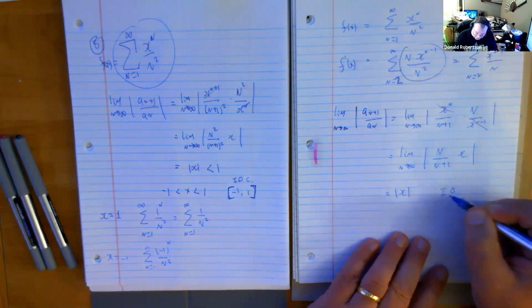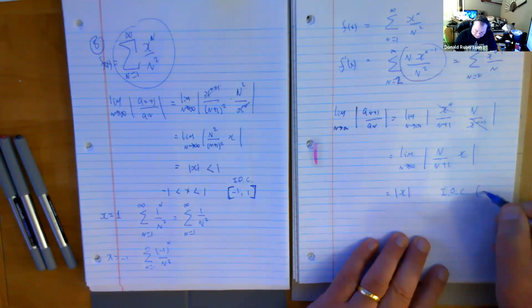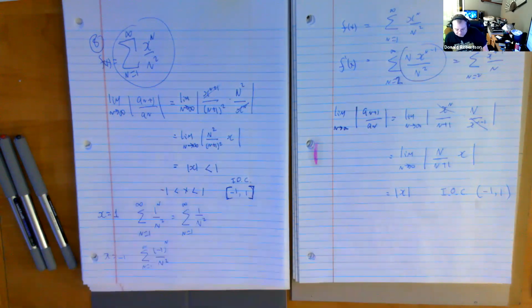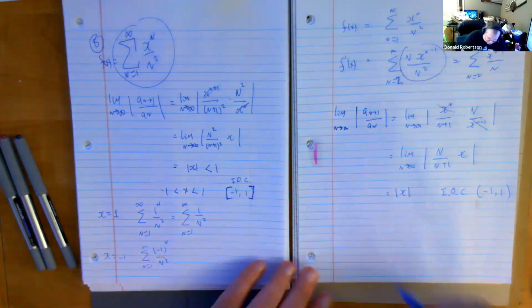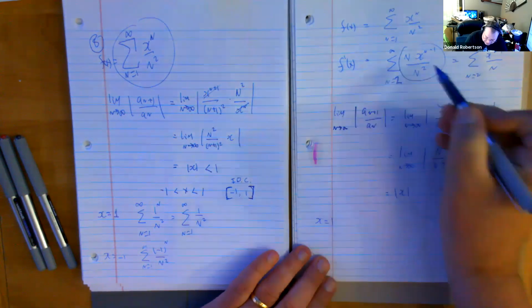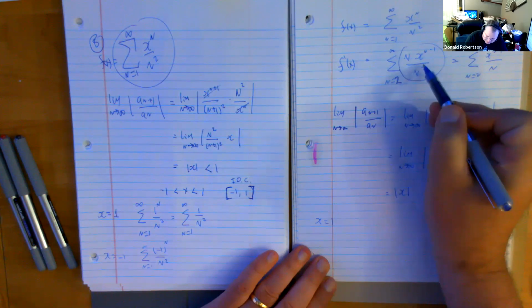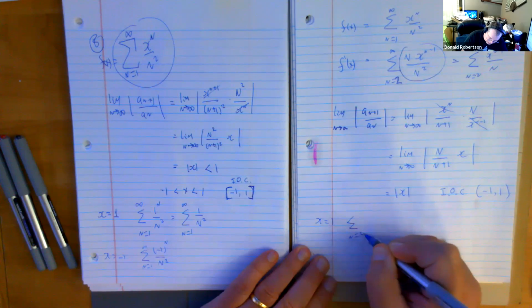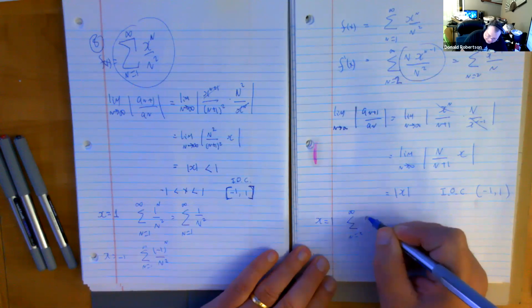So our initial interval of convergence is going to be -1 to 1. I'm just skipping writing that down. Now we'll test the endpoints. Let's test x equals 1. Now I'm testing it with this one. So what does that get me? It gets me the sum from n equals 2 to infinity of n.